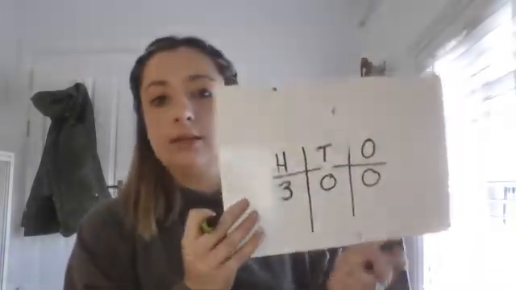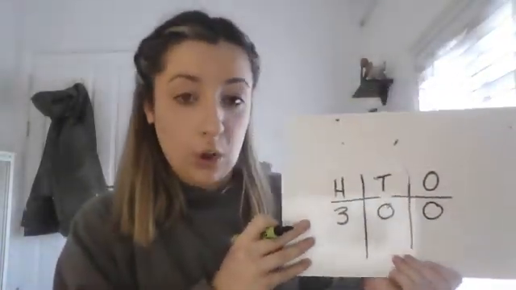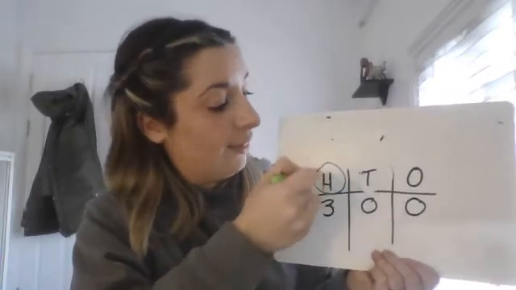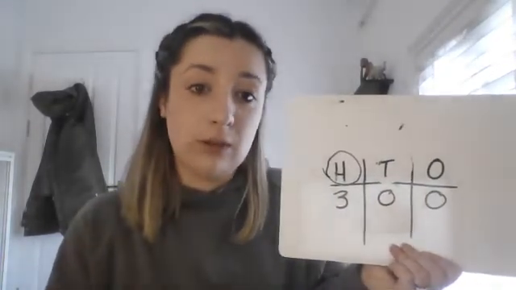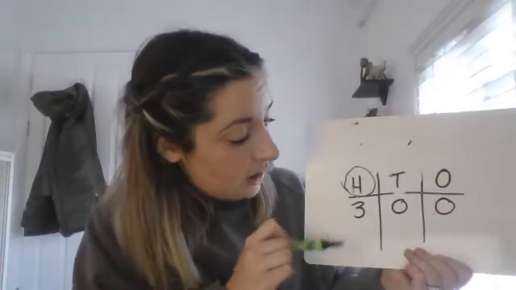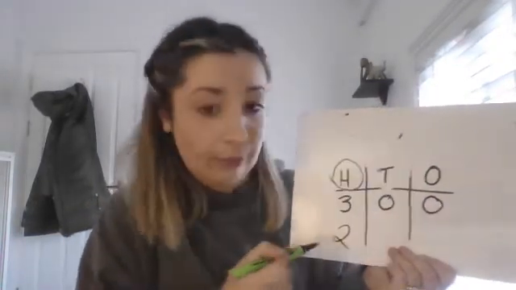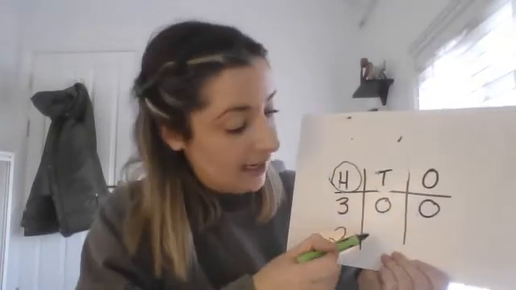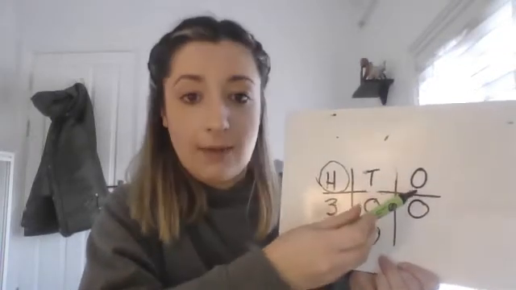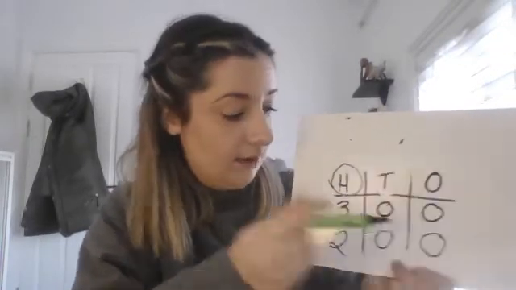And if it's asking for 100 less, I'm going to circle this column because that's the column I'm looking for. I'm going to have 1 less than 300, and my 3 would then turn to 2. And the tens stays the same, which is 0, and my ones stays the same, which is 0.